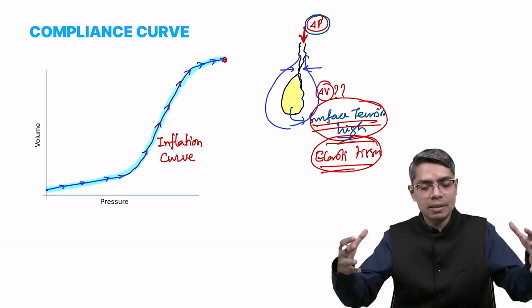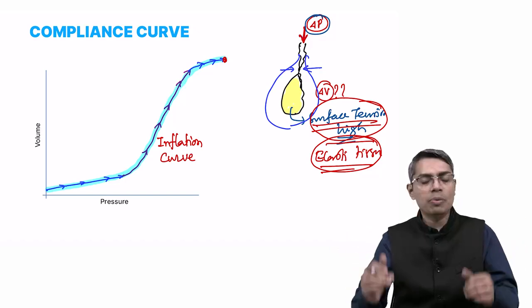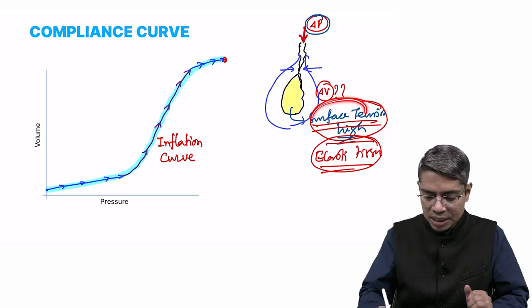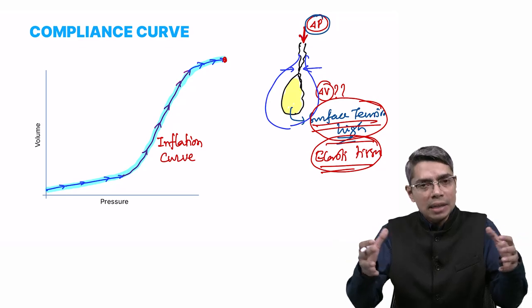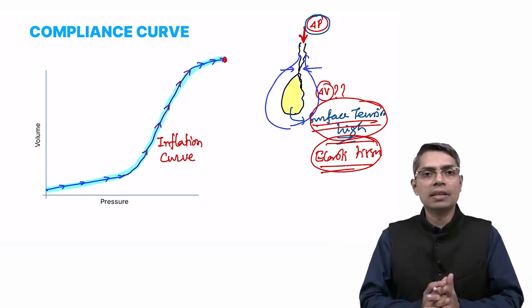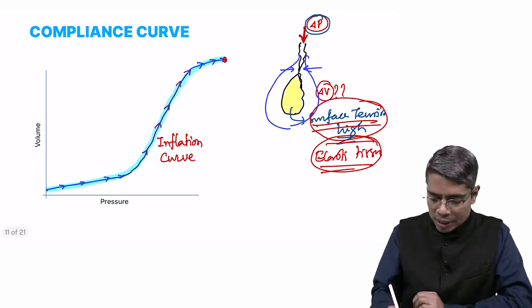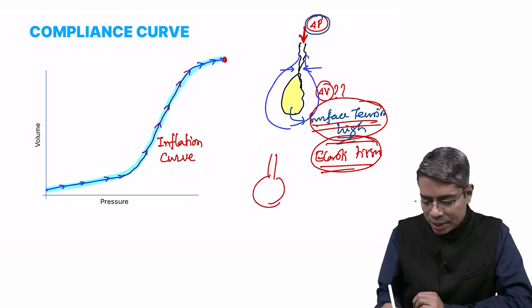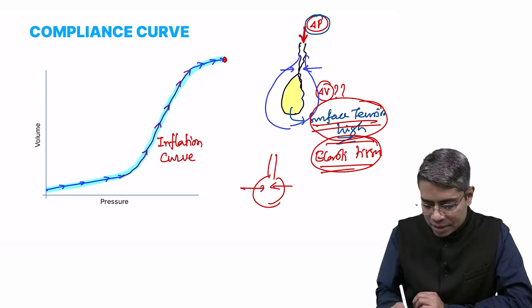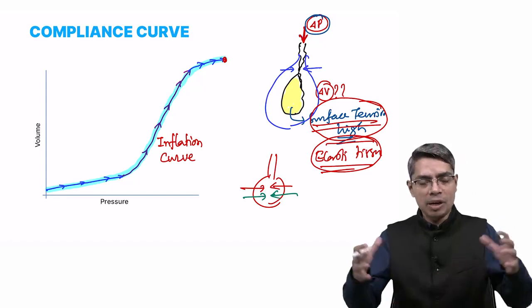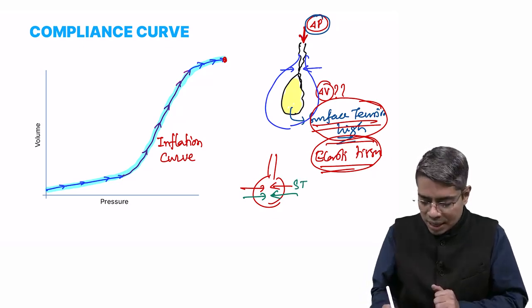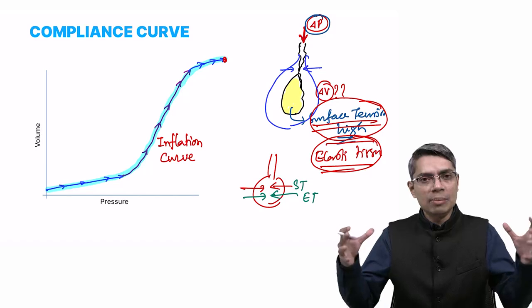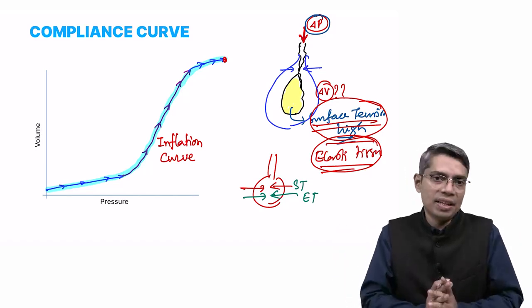After expansion, if you release these two forces, surface tension and elastic recoiling, obviously they are going to enhance the recoiling, because whenever you are trying to expand the alveoli, the surface tension and the elastic tissue are both acting in the opposite direction. But when you are deflating the lung, both of these forces cause enhanced deflation.